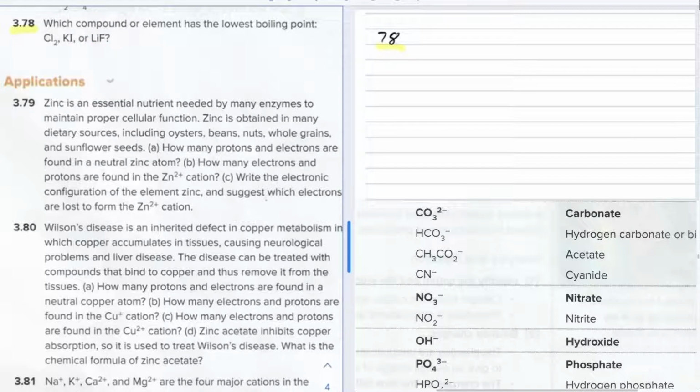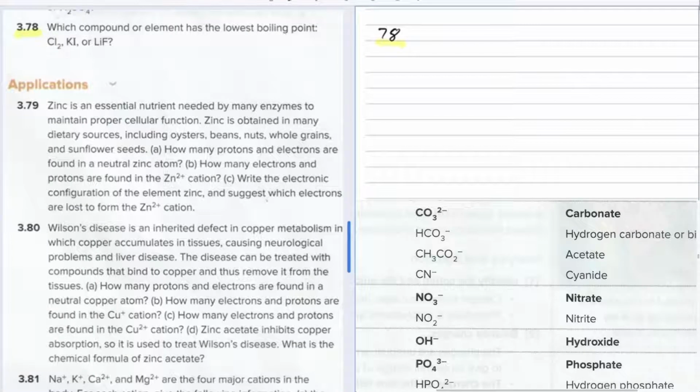Now, the key here is that ionic compounds are very hard to boil because they're made of positive and negative ions. This is discussed in the lecture. Here I'll just draw you a bunch of ions.